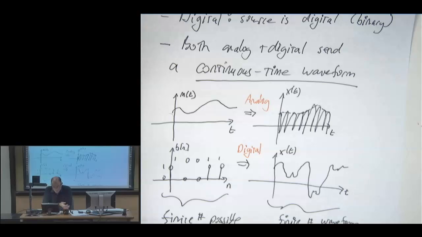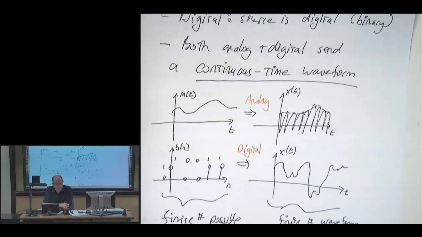Now I'll talk about why digital communication. I mean, any questions just on the difference between analog and digital? Question? Fault tolerance. Yeah. What do you mean? Like, which is better? Yeah. So digital has a lot of advantages.